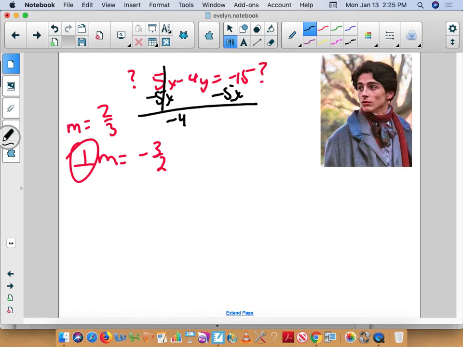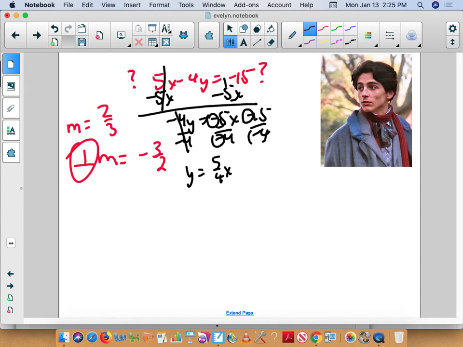That gives me -4y equals -5x minus 15. Divide by -4. So I have y equals, what's a negative over a negative? Positive. 5/4 x. And this is like Susan asked me, 15/4, I can't reduce. I'm just going to leave it.